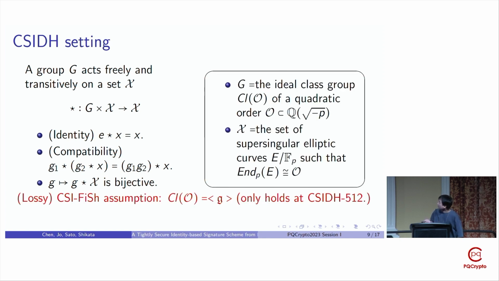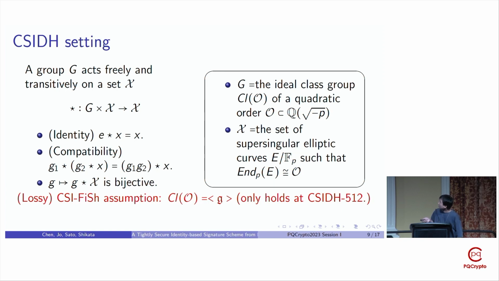Let G be the ideal class group of a quadratic order O, and X be the set of isomorphism classes of supersingular elliptic curves whose endomorphism ring over Fp is isomorphic to the quadratic order O. Then we get the CSIDH setting.